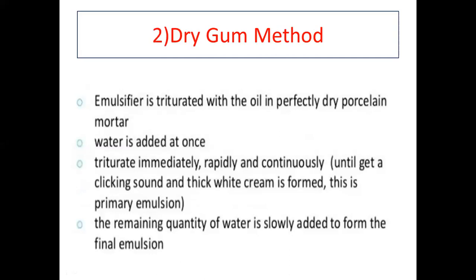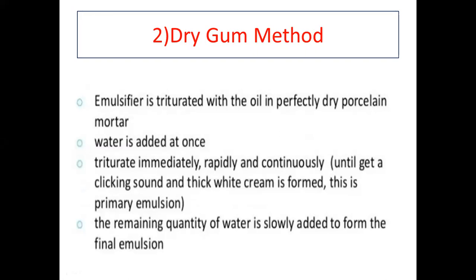So in this method, measure the required quantity of oil in the dry measure and transfer it into the dry mortar. So firstly what to do: measure the oil and take it in the mortar. Did you do it the same way? Yes, ma'am.